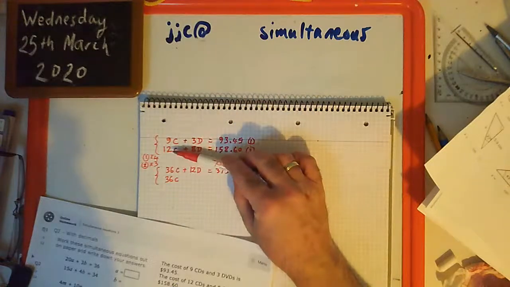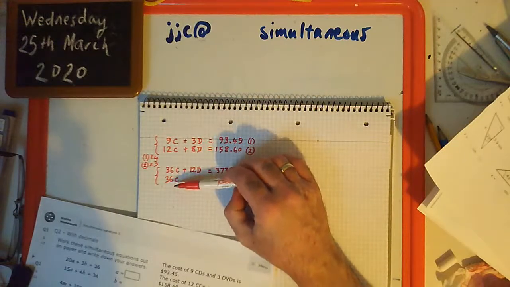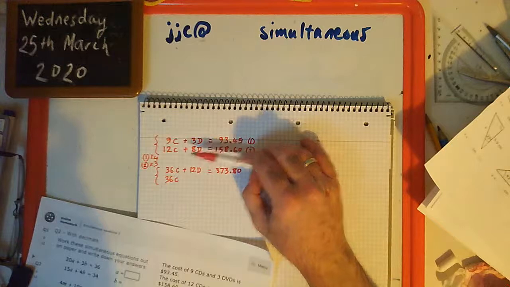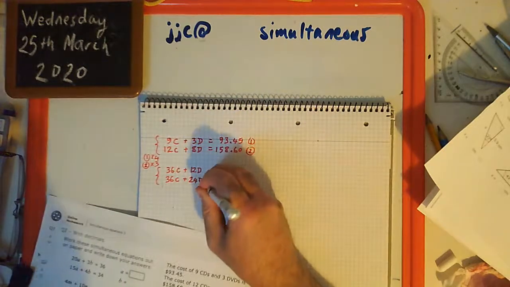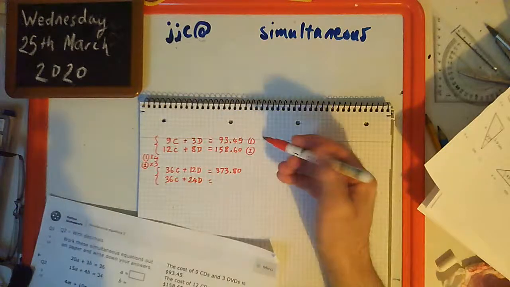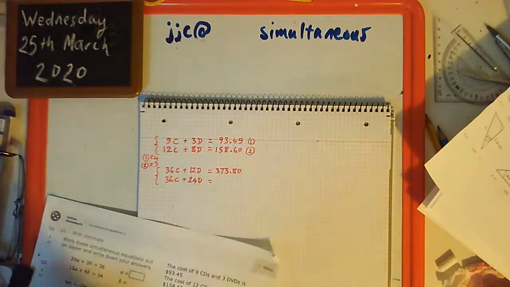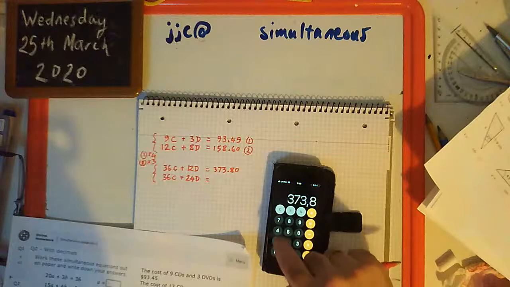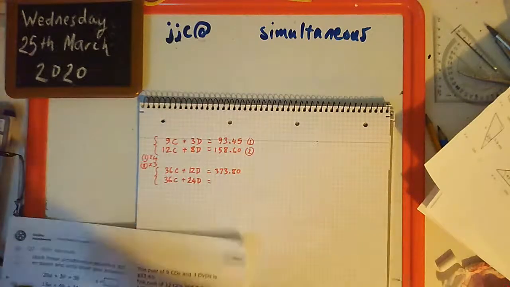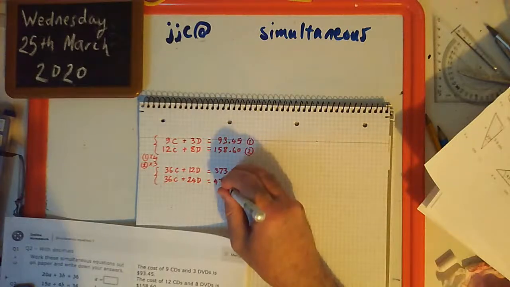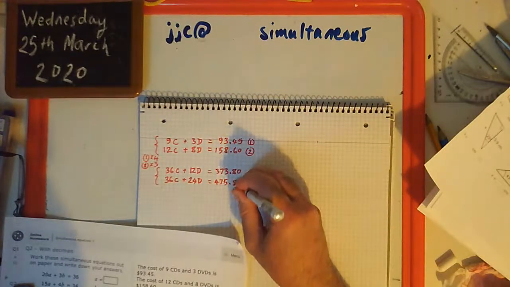So 12c times 3 gave me the 36c. 8d times 3 is going to give me 24d. And $158.60 times 3. Let's get the calculator. 158.60 times 3. 475.80.